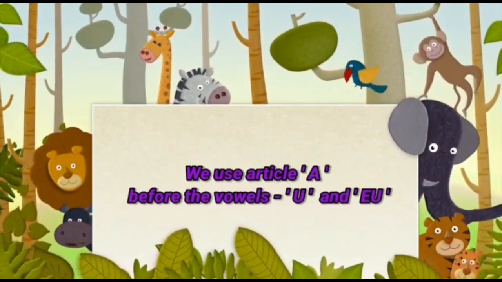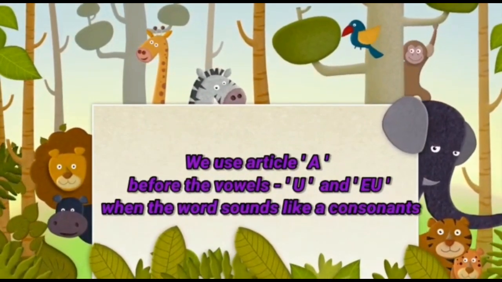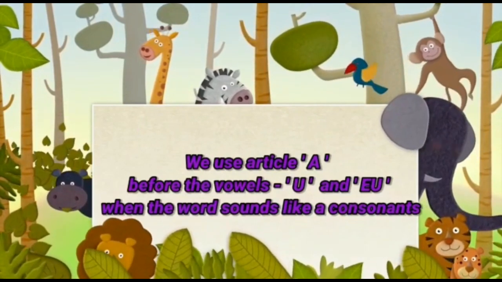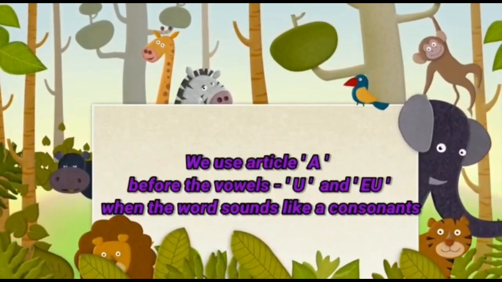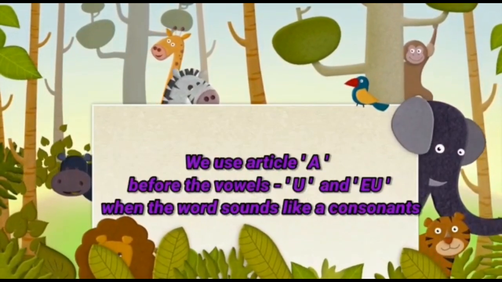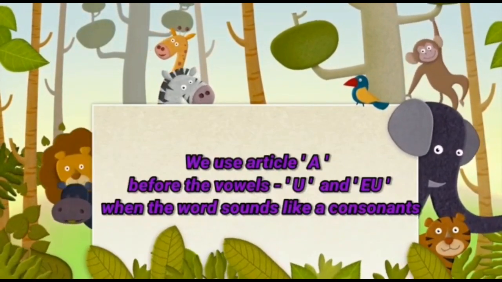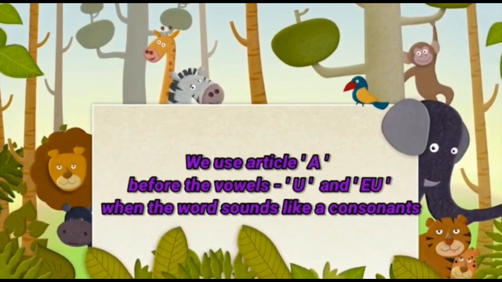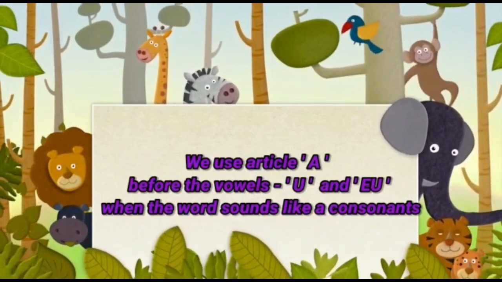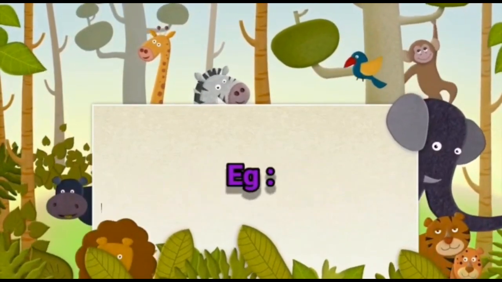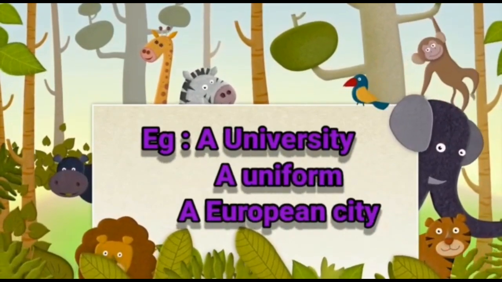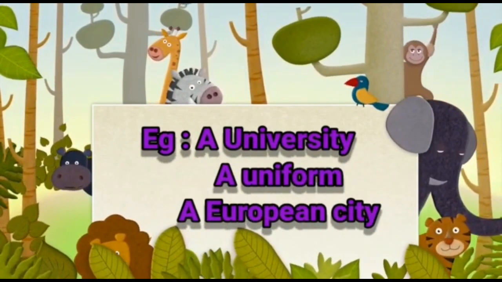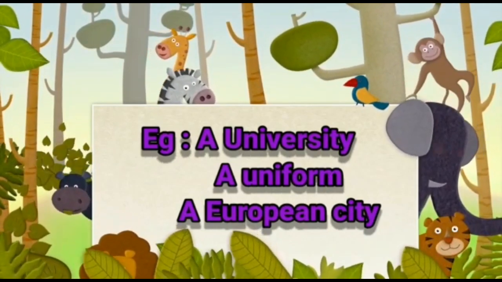We also use a before the vowels u and eu when the words sound like a consonant. For example, a university, a uniform, a European city.